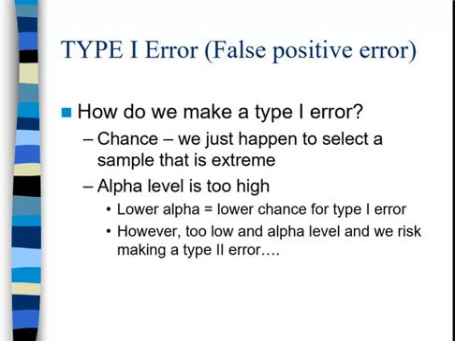So in other words, just by dumb luck, most people from my sample maybe end up coming from the tail of my distribution completely by chance. And this could happen. It's rare, but it could happen. And if this happens, the results of our statistical test show a significant result, then we reject the null hypothesis in error. We didn't do anything wrong. It was just bad luck.